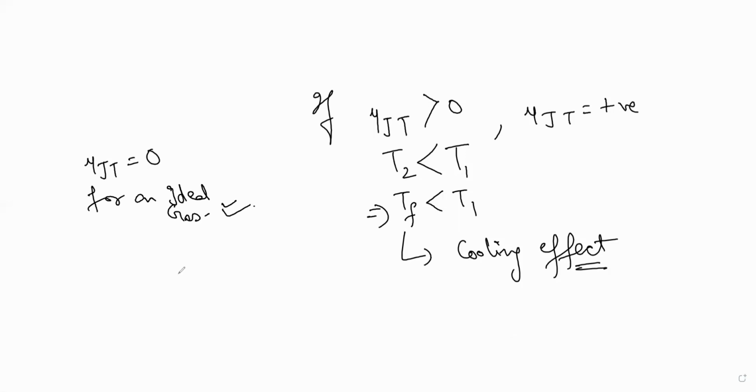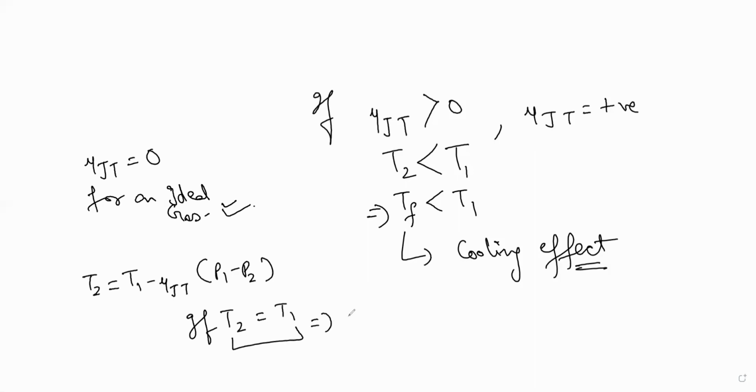And one more thing can be deduced from the equation. That equation was T2 equals T1 minus mu Jt, P1 minus P2. So if T2 becomes equal to T1, now how can this take place? Only if mu Jt comes out to be 0.